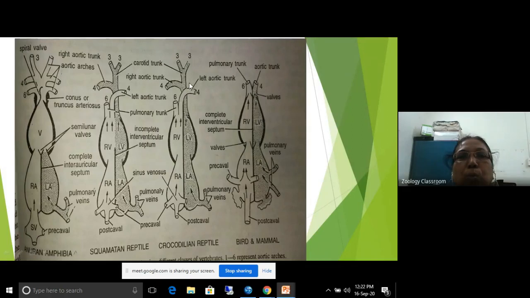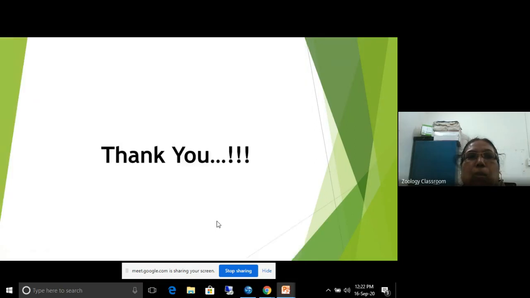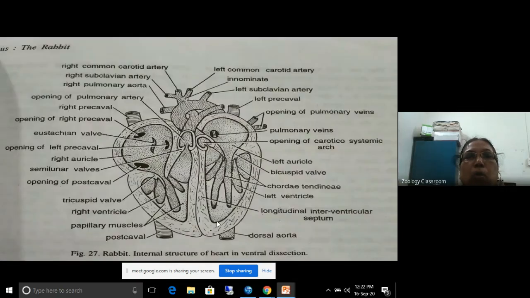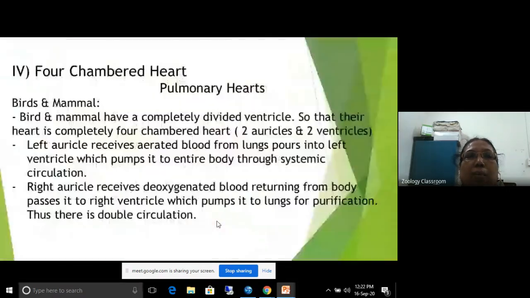But where these two aortic trunks cross each other, there is a hole between them, and this blood is mixed. Mixed blood is supplied to all body parts. So it is found in the crocodile, and the crocodile heart is called a transitional heart.